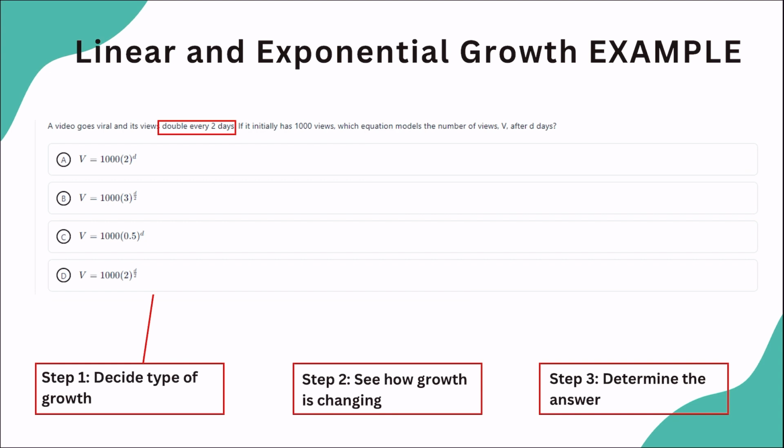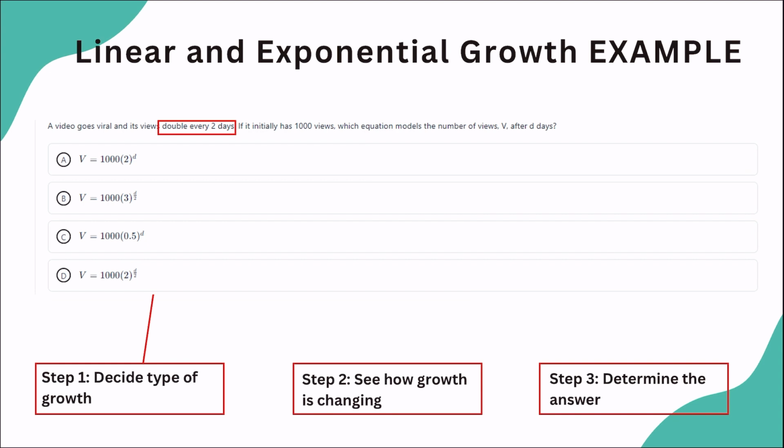Well, it's telling us that it doubles every 2 days. And so for me, doubling every 2 days is going to be exponential growth, because let's say we started at 100. After 1 day, we increase 100 to 200. And then after the next day, we increase from 200 to 400. So the first day we increased 100, but the second day we increased 200. So that's going to tell me that we're changing different y values for the same x value difference, and that's going to be exponential growth.